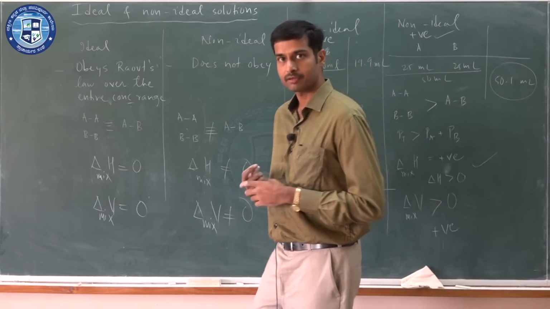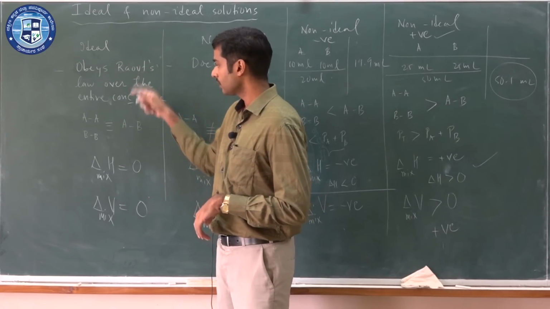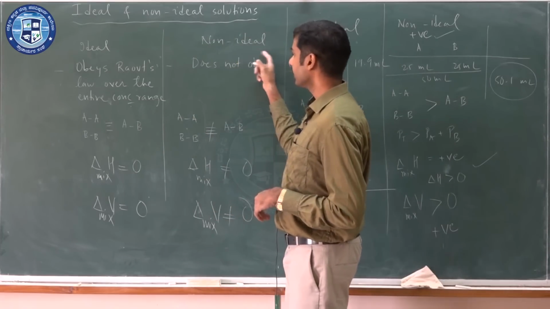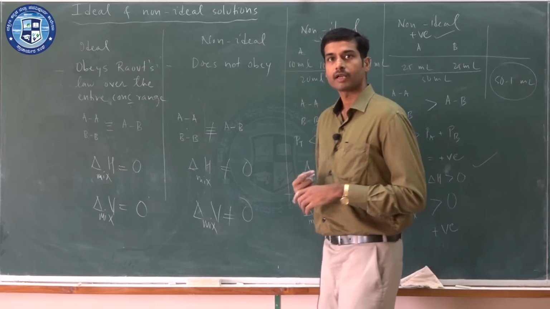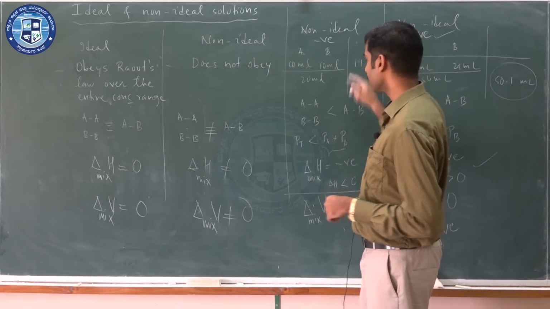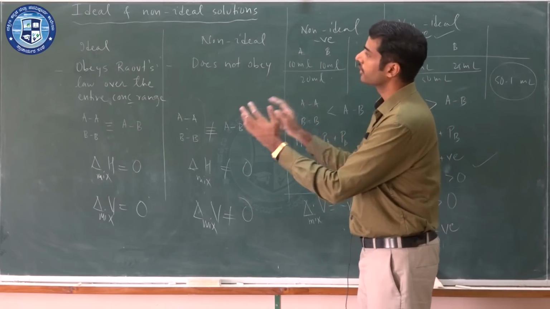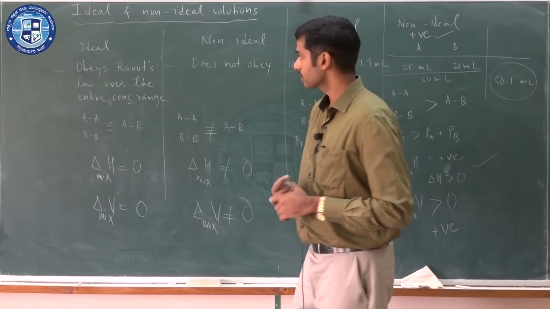So, I might express the characteristics of ideal solution, point number 1, 2, 3, 4, characteristics of non-ideal solution 1, 2, 3, 4, characteristics of a non-ideal solution showing negative deviation, does not obey Raoult's law, what is the nature of interaction, delta H mixing. So, in terms of characteristics, I should be able to give answers.